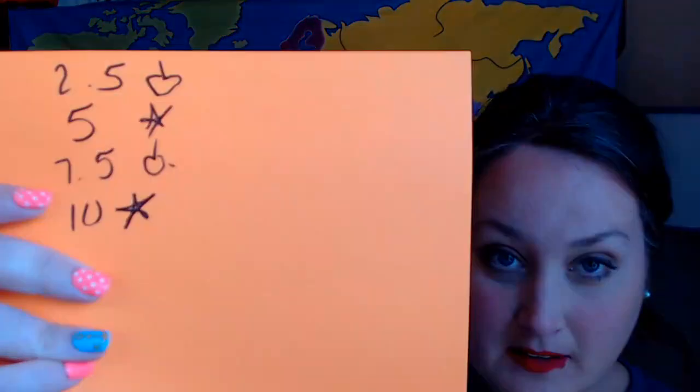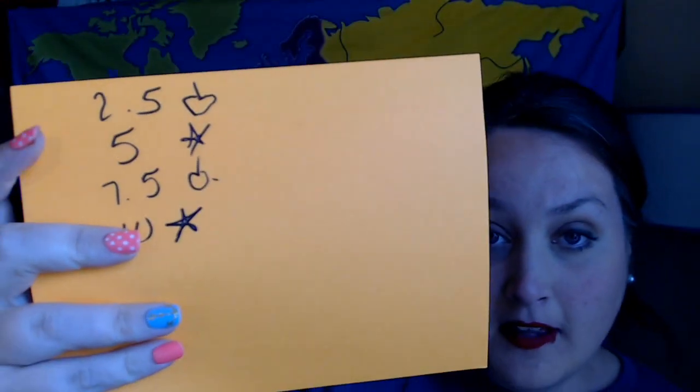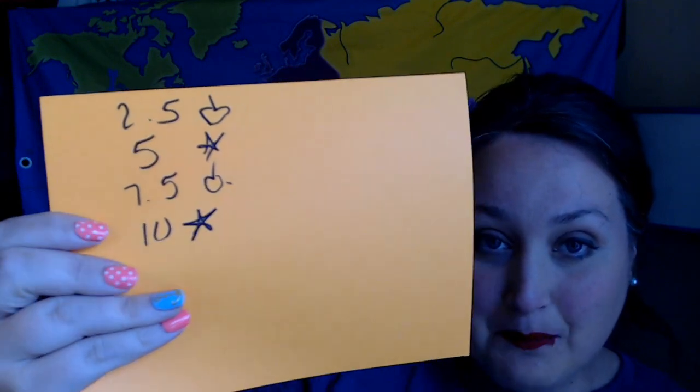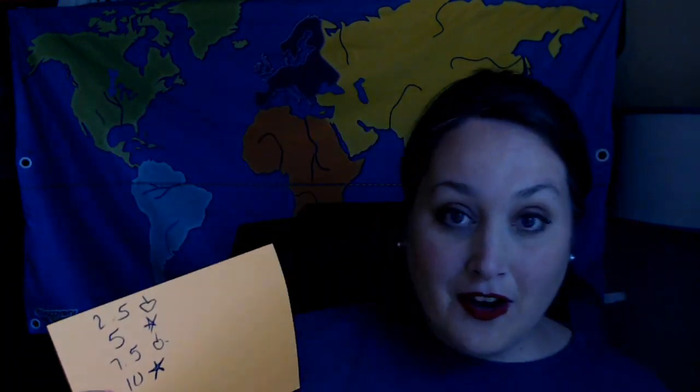So let's say your reward is to get apples on a tree. You will give your apple, at 5 minutes you will give a star, at 7.5 minutes you will give an apple, and at 10 minutes you will give a star. Whatever slide you're on when you're in that phase, that's how you're going to give your rewards.